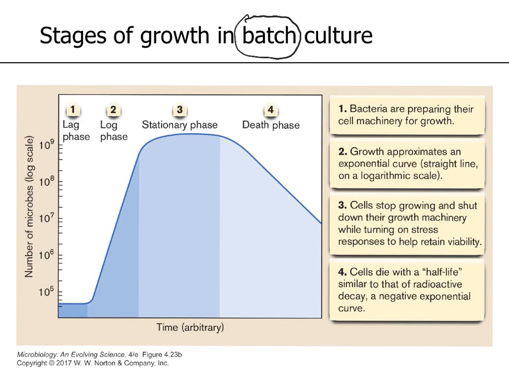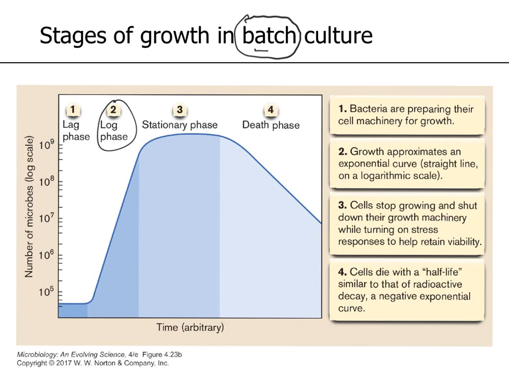That tube with broth in it, when you grow it, is considered a batch culture. It's a closed system: what goes in, that's it. It's key to know that the equations we were just using are for batch culture, and only for the exponential or log phase.